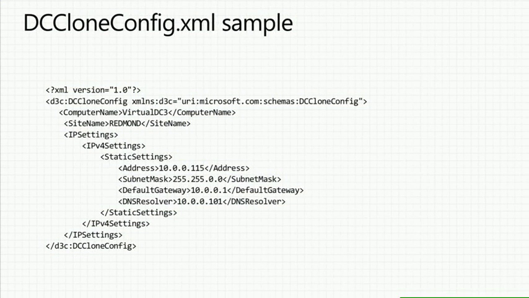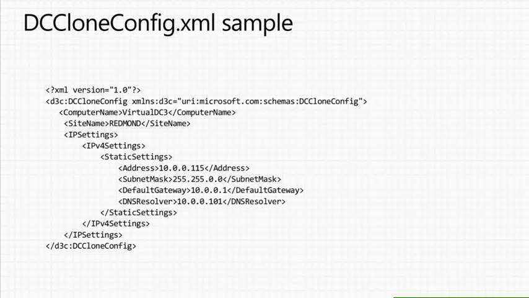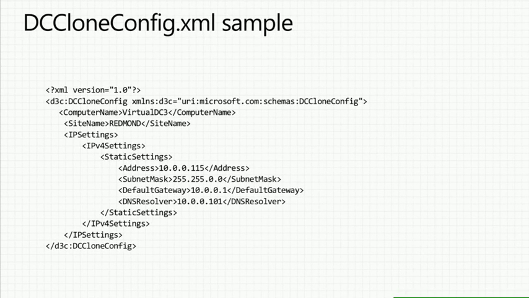Now, I talked about the clone config file. By default, we have a series of settings, and these are not all of them, so this is just an example. It's just a standard XML file. We provide a schema for the XML file, as well as an example XML file. You can set the name, the site the DC belongs to, the IP address, standard things you think about even in your DCPromo answer file that you might provide when setting up a replica domain controller.